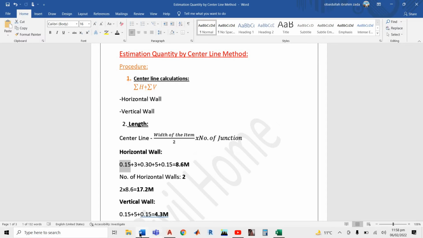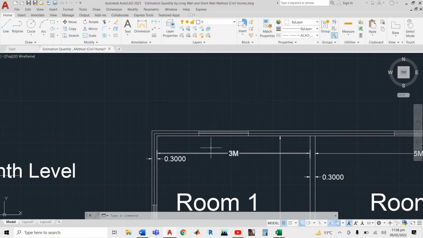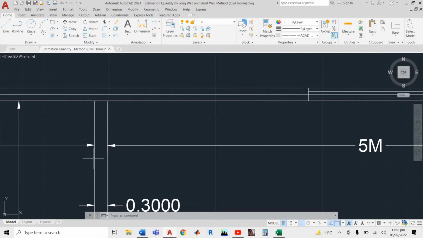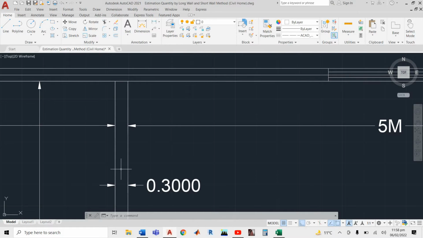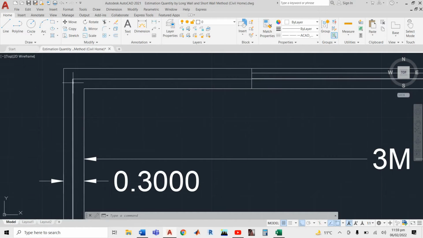Then we have 3. What is 3? 3 is the original dimension of this room. Here we should take 0.3, not 0.15, because we don't have a center line here. We have the center line just on the boundary. So 0.15, because on the boundary we have the center line. Center line means you draw the line up to the center of your walls.